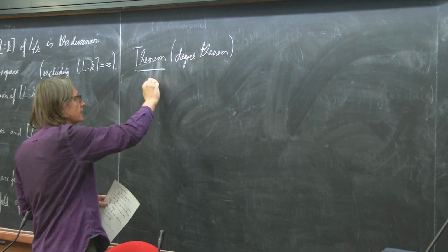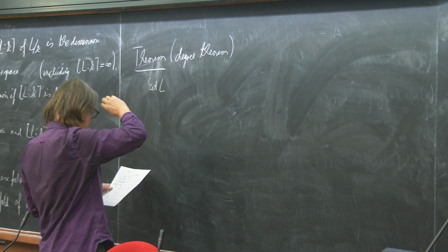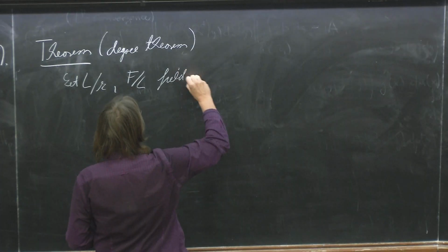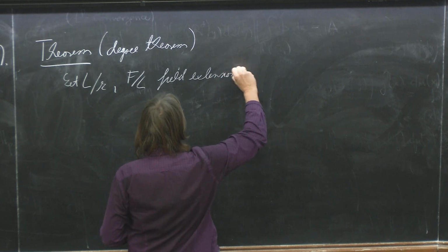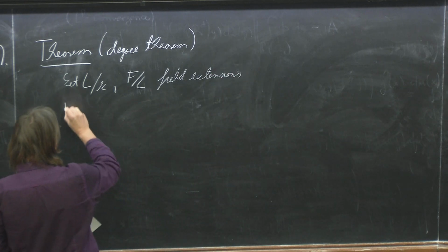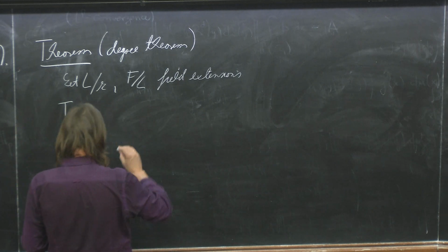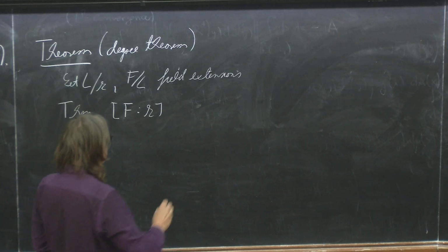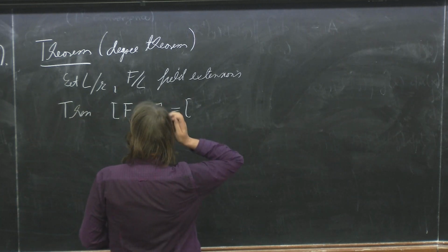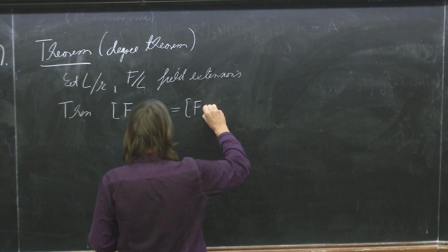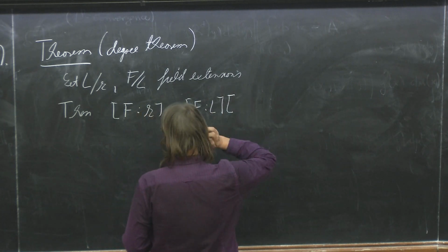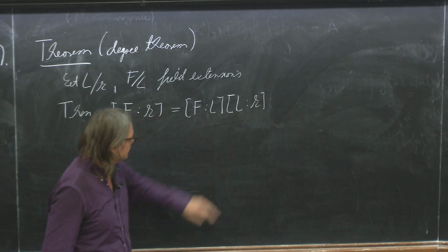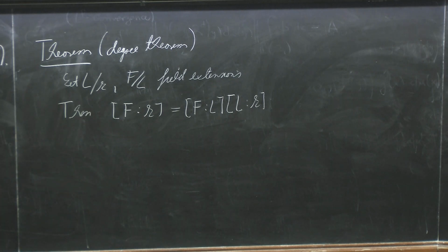So let's say L over K and F over L be field extensions. Then the degree of the biggest field over the smallest is equal to the product of F over L times L over K. As the notation also suggests, it multiplies like this.